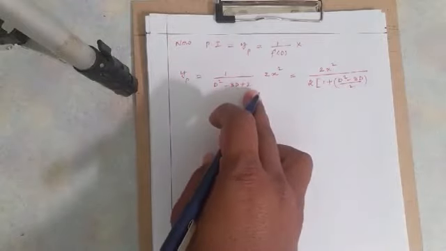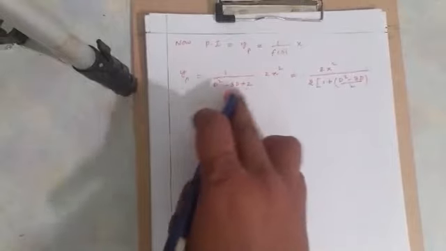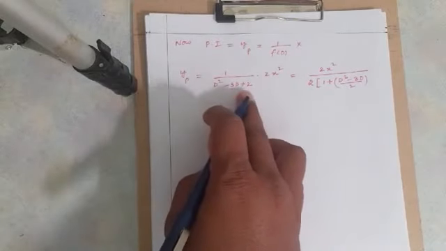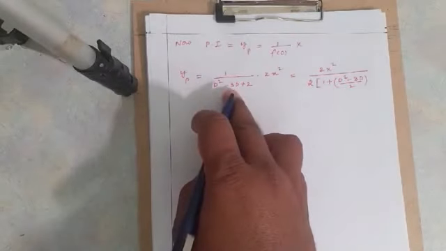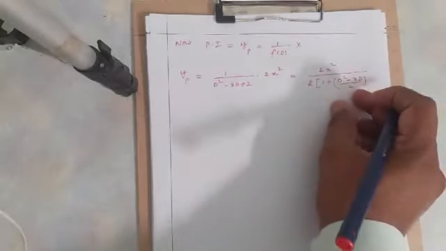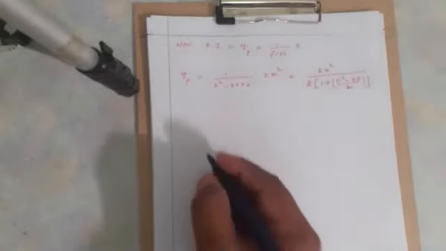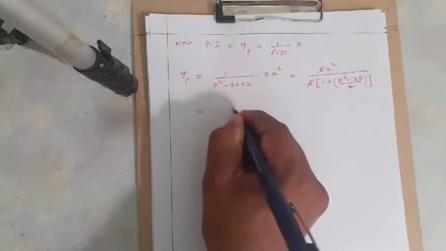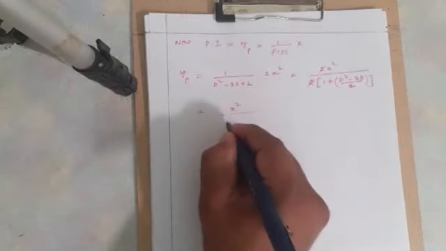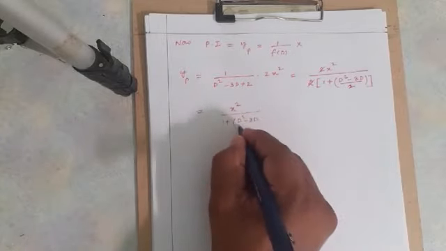This 2 I am taking common, and you can see we have plus 2, so 2 into 1 is 2, plus D square minus 3D upon 2, we have to write, because we are taking 2 common. Okay, so this is the way how we write. After writing this, you can see here, you can cancel 2 and 2. Now the next term will be x square upon 1 plus D square minus 3D upon 2.